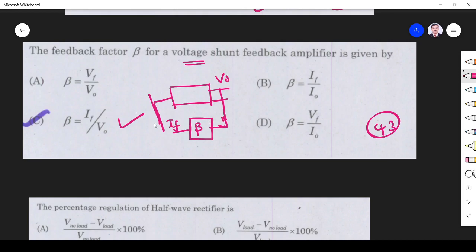The output here is VO. So beta is equal to IF by VO, right?